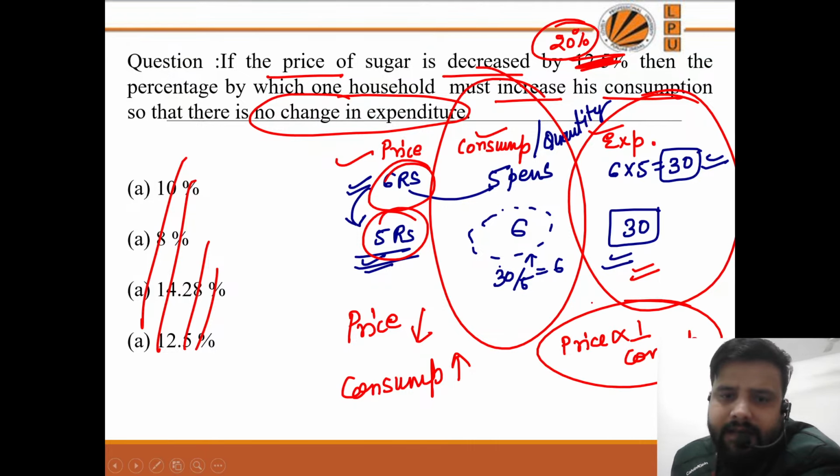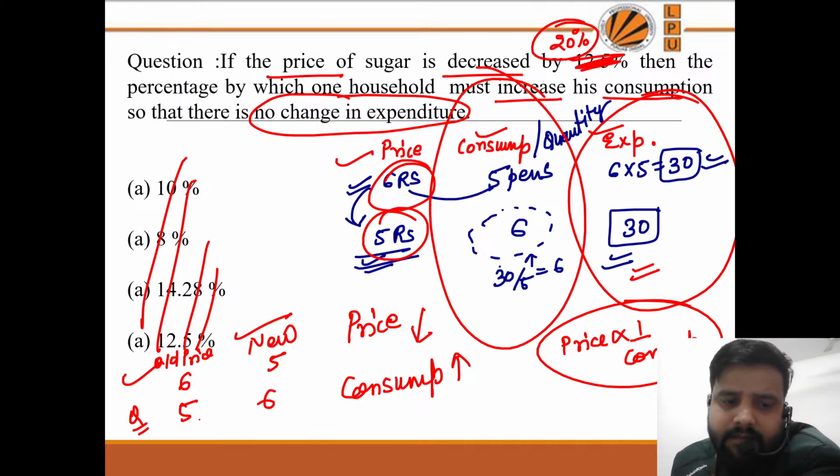The old price was 6 and the new price is 5. So consumption or quantity has an inverse relation with price. So quantity will become 5 to 6.